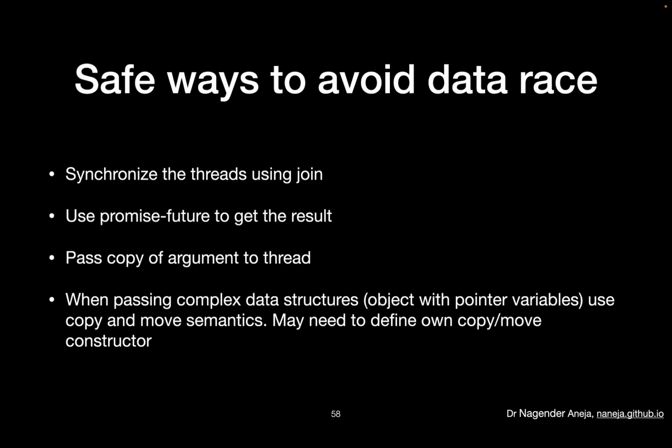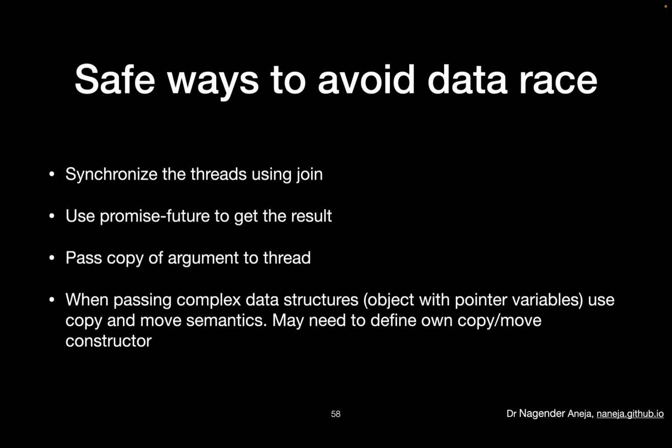Once main gets it, it passes it to the next thread. So we use the promise and future to get the result. Even with async, it's still the promise and future. So either use standard thread or standard promise, but the point is that we need to use the future here to get the result.